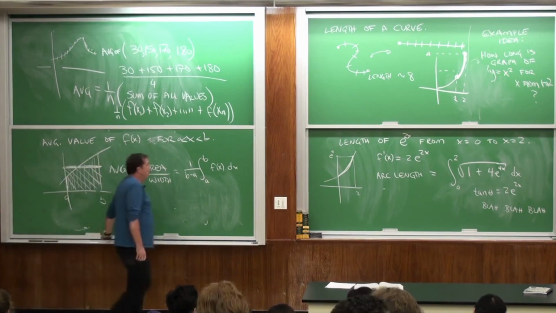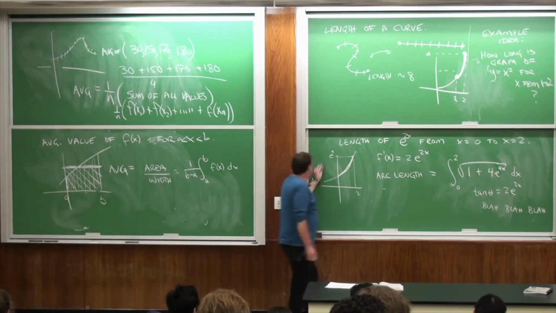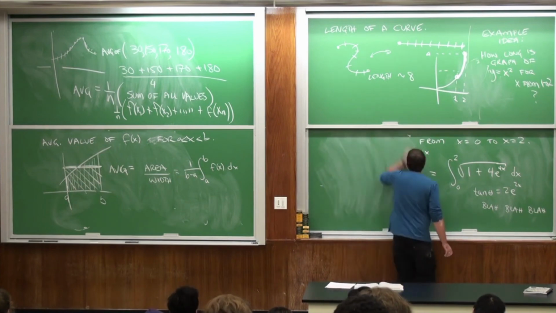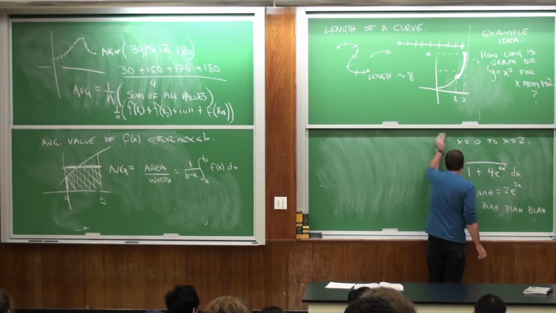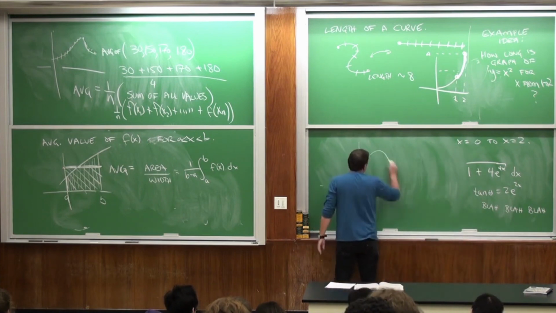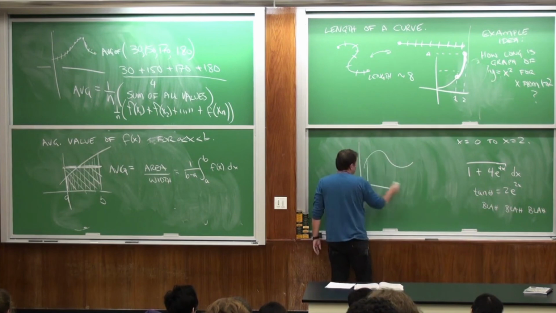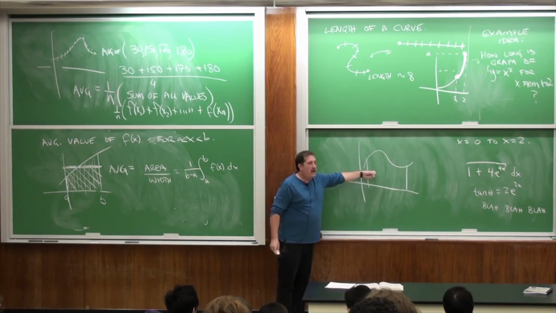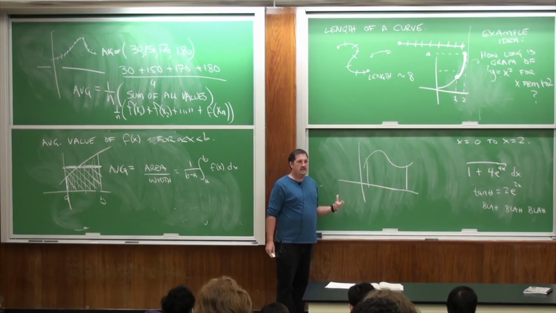In terms of geometrically what we're talking about, another way to say it, we look at the graph. So here's my function. From there to there. I want to find a rectangle who has the same area as this and the same base.